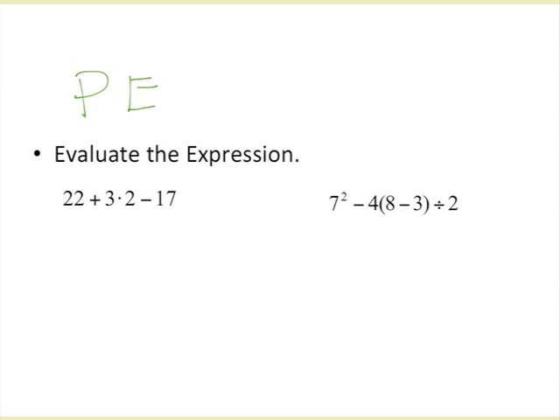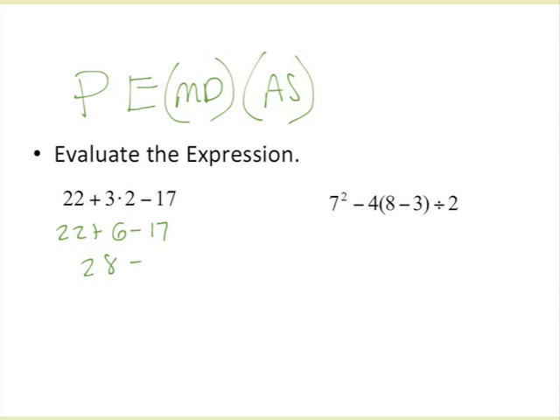Parentheses, exponents, multiply and divide, which is 1 step altogether, and then add and subtract, which is 1 step together. So make sure you know your order of operations. For the first one, there are no parentheses, there are no exponents, so then we begin with the multiplication, and then we do our addition and subtraction in the order they come in the question.